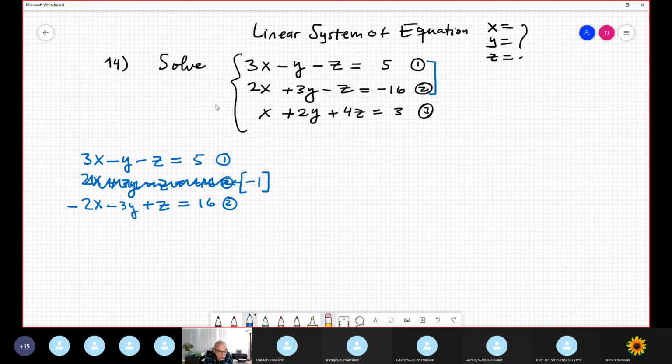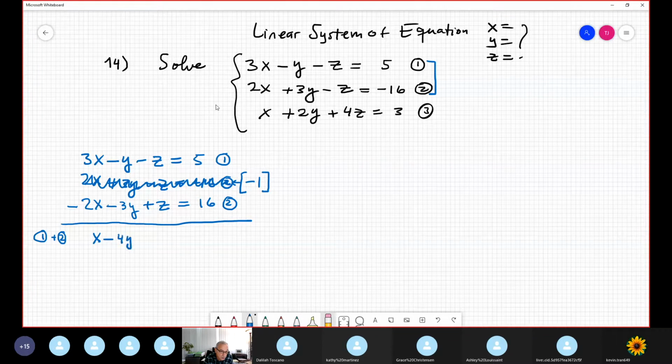Now you add 1 plus 2 by column. So 3 minus 2 is 1x. Negative 1 and negative 3 is negative 4. Negative z and positive z is 0. This cancels out, at least z is gone. This is 21.